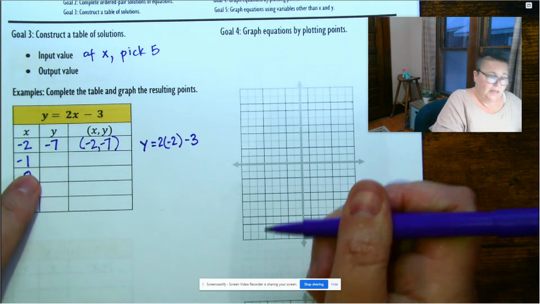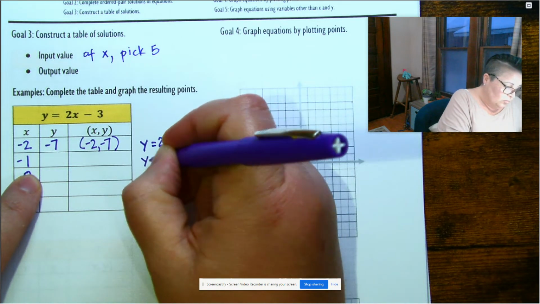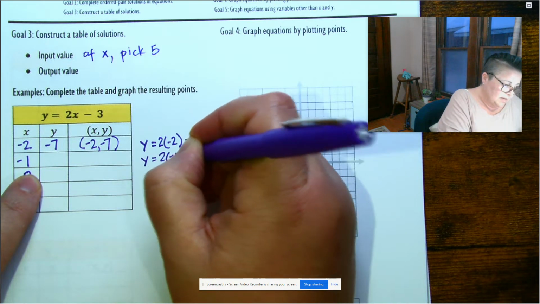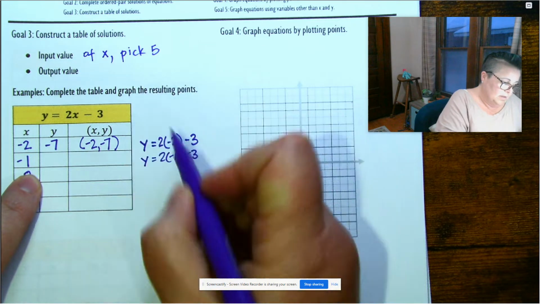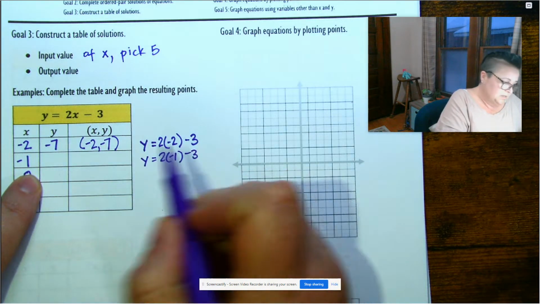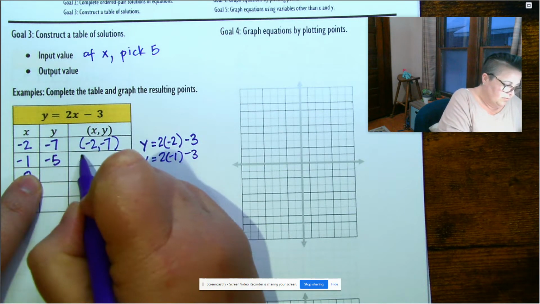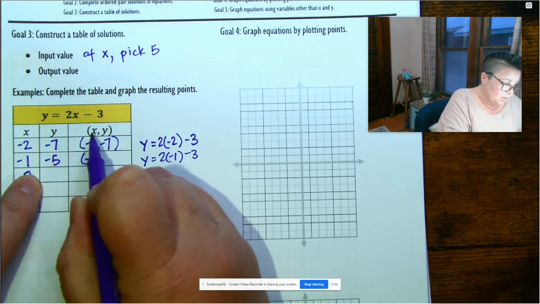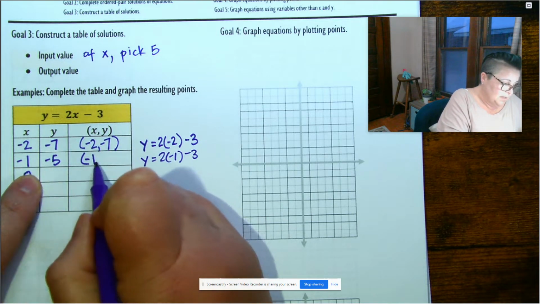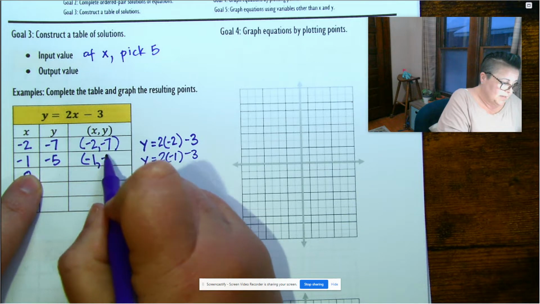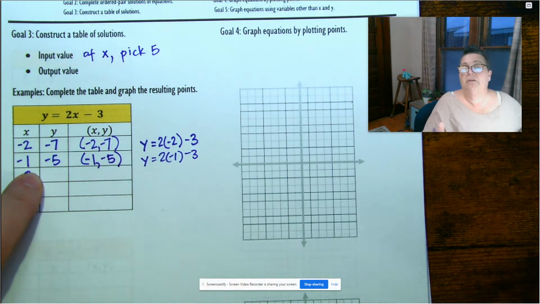We'll do that for a negative 1. In this case, y is equal to 2 times a negative 1 minus 3. That's a negative 2 minus 3 more. That's minus 5. This gives us a second point at our x value at negative 1 and our y value at negative 5.